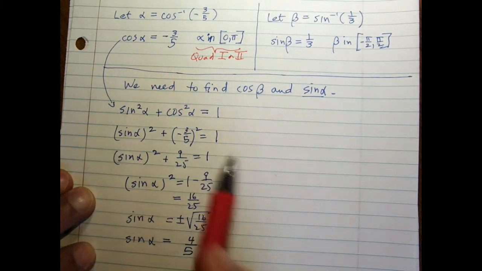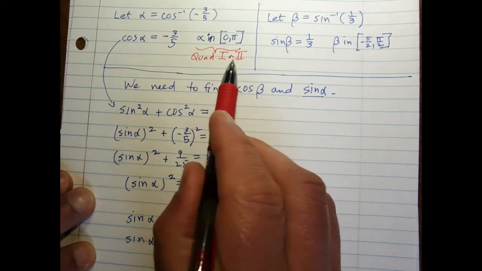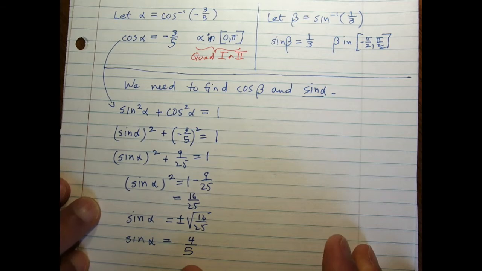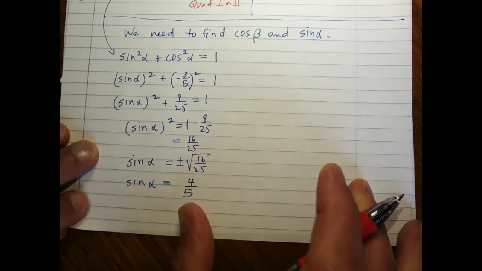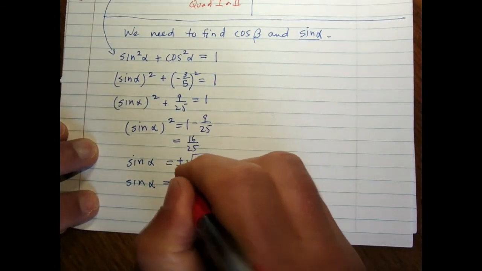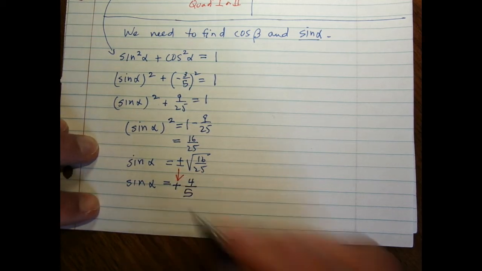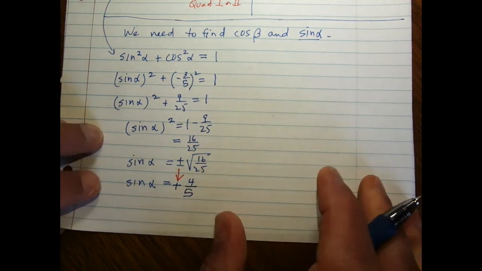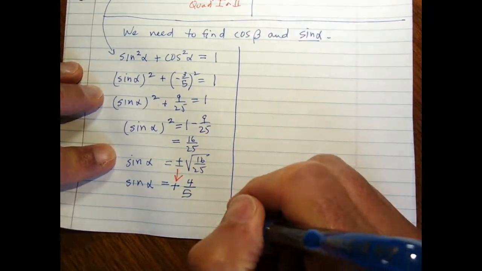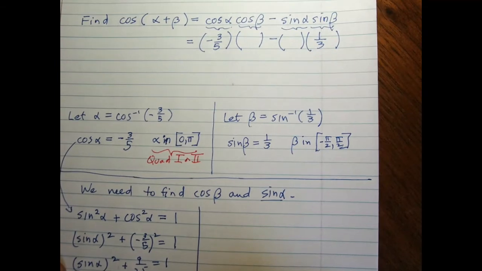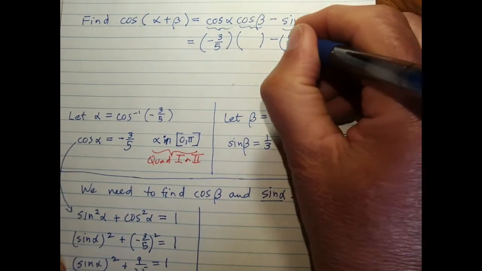Actually, we can say a little bit more, but really that's all we need to know here, quadrant 1 or 2 from that interval. So if we're in quadrant 1 or 2, we know to choose the plus sign for sine, because sine is positive in both quadrant 1 and 2. So sine of alpha is 4/5. I can fill that in up above.